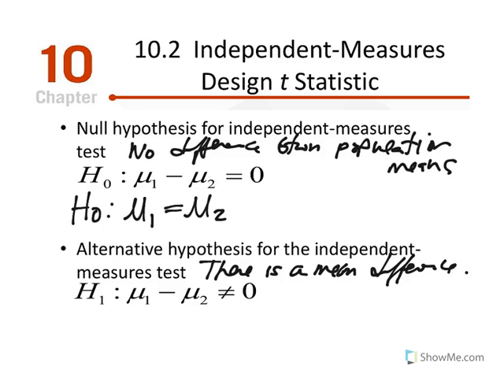And we can state it in this format where we would say population 1 minus population 2 does not equal 0, meaning that they're not equal to one another. Or we could simply say population 1 is not the same as population 2, that they differ. So again, these are the two variations as to which we would see a non-directional hypothesis and alternative hypothesis written and expressed.